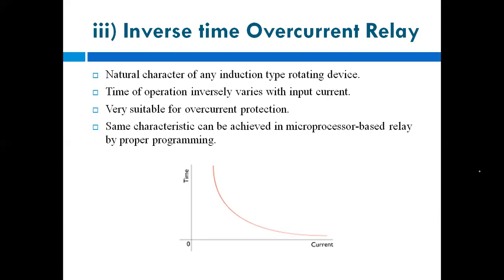As your current increases, the time of operation of the relay decreases. That is the inverse time overcurrent relay characteristic, and it is natural for any induction type rotating device. When we consider any electromechanical relay, this characteristic is common there.